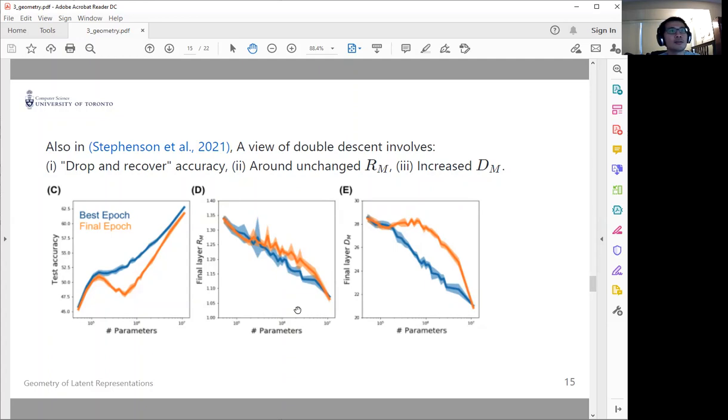And R_M is approximately unchanged, while the manifold dimension, on the other hand, is increased. So this is a nice connection between the machine learning effects and the geometry of the representations.